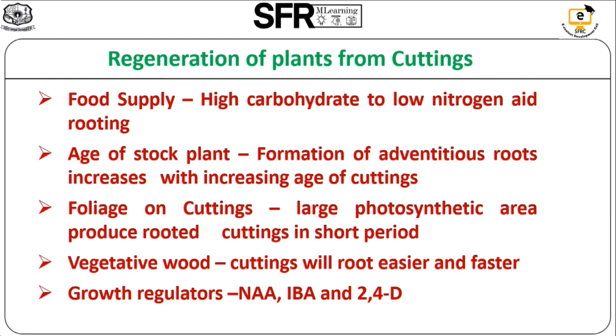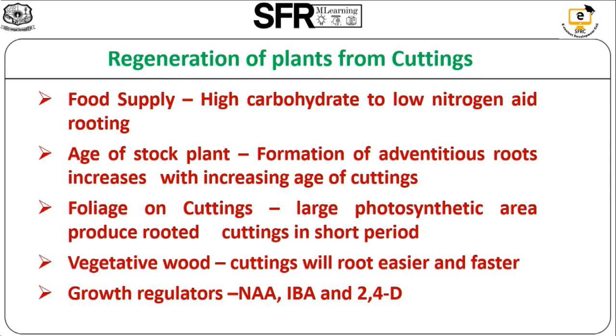Then the foliage of cuttings, that is a large photosynthetic area, that is what I told. Better you keep it leafy on the upper side of the stem, because then the leaf will undergo photosynthesis, more food and more carbohydrate will be produced, which will initiate rooting, so the formation of root will be in a short period.